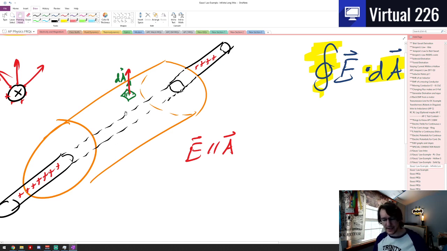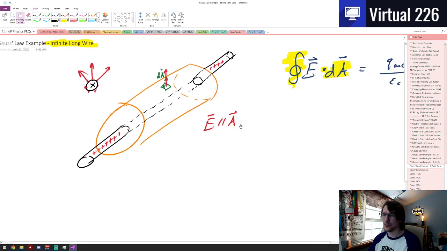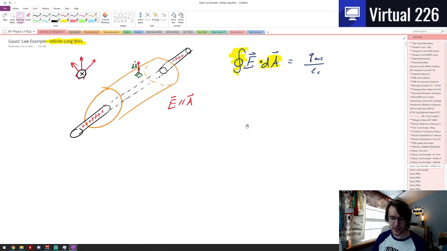Okay. Now, if we go ahead and do this, we need to think of a few things. First, we know this will be true, our Gauss's law equation, and let's not forget, this is equal to the electric flux going through here. But if this entire rod is charged, it's hard to say what the total charge enclosed is, because is my Gaussian cylinder a little bit bigger or smaller?